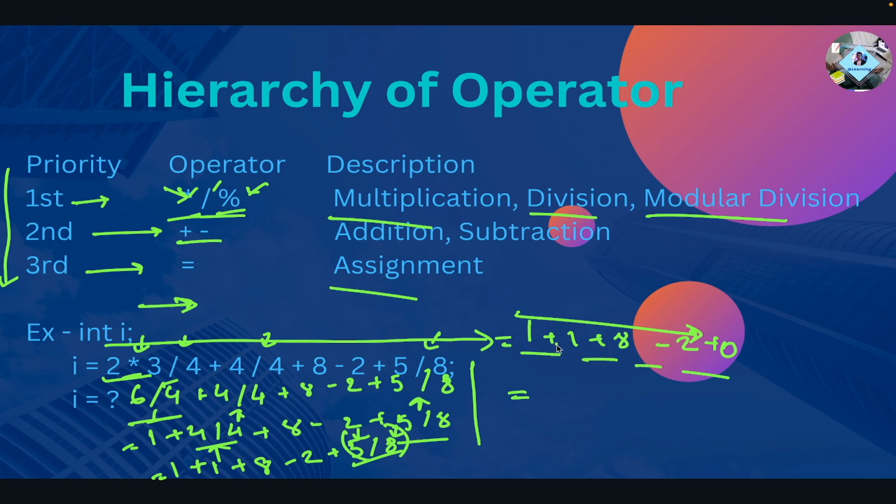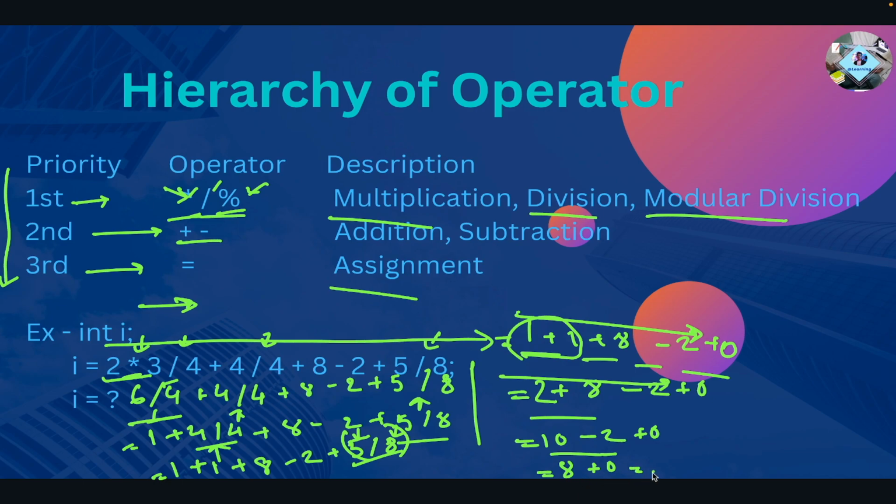So 1 plus 1, this one will be calculated first. 1 plus 1 will give us 2, then plus 8 minus 2 plus 0. Now this one will be next, because this one is in the leftmost position, so 10 minus 2 plus 0. Then this one, because it is in the left position, will give you 8 plus 0, which equals 8. So this will be the result. The result will be 8.